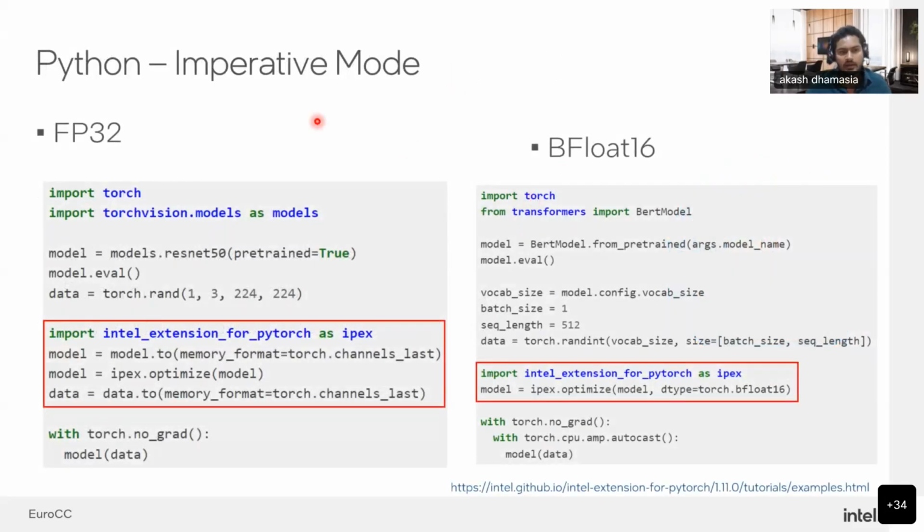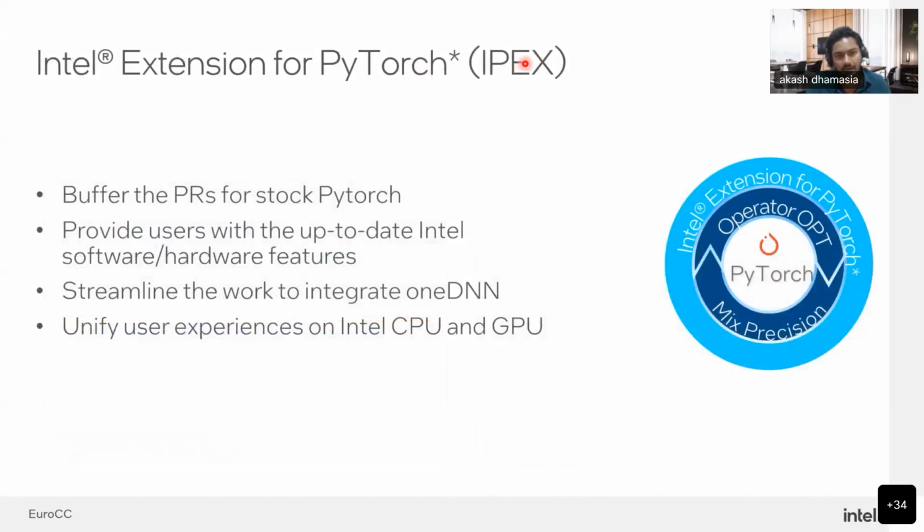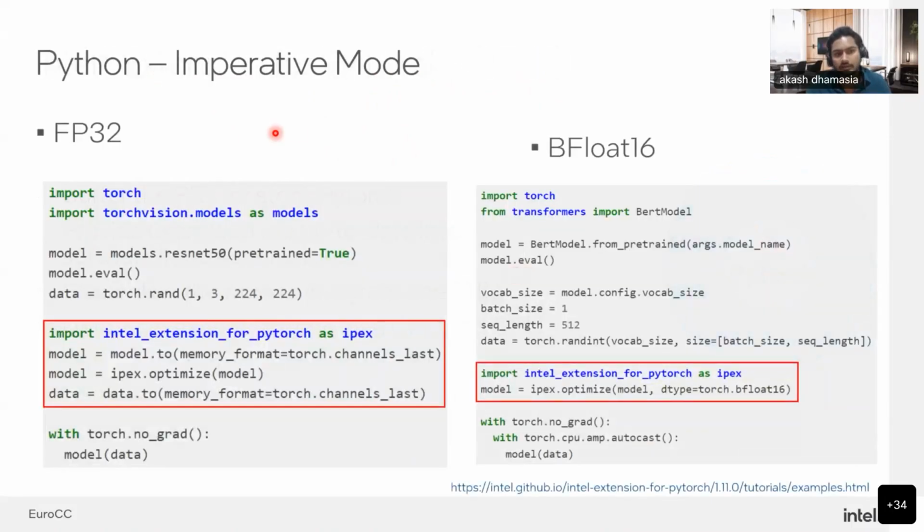Intel extension for PyTorch is also called IPEX, so I will be referring to it as IPEX in the later slides. You can use it in imperative mode, which is also called eager mode, and you can also use it in graph mode, which I'm going to talk about in later slides.